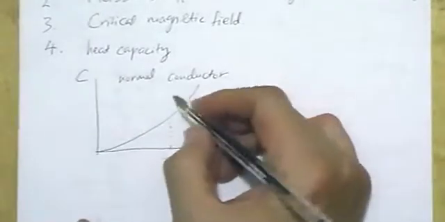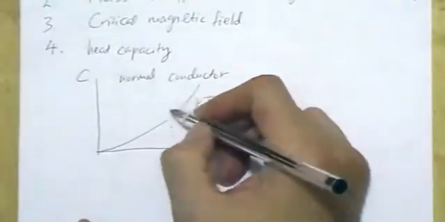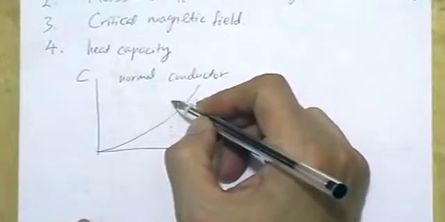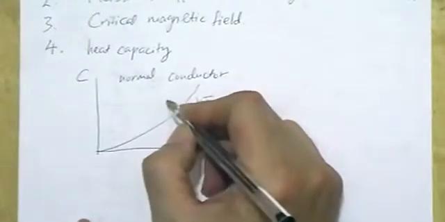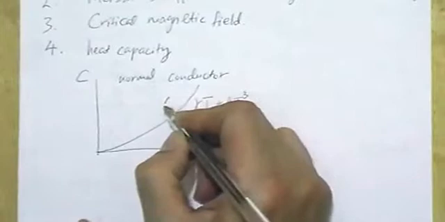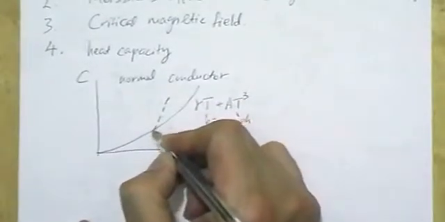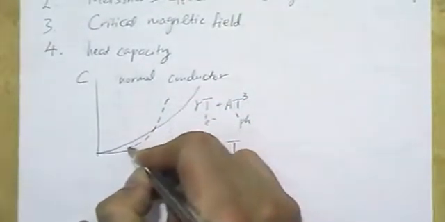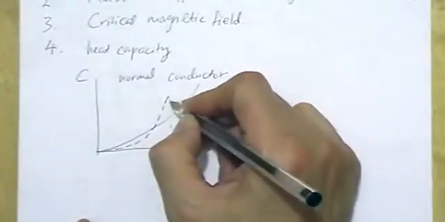Instead of following that same curve, it would now look like this. Right, it will follow a different curve instead.